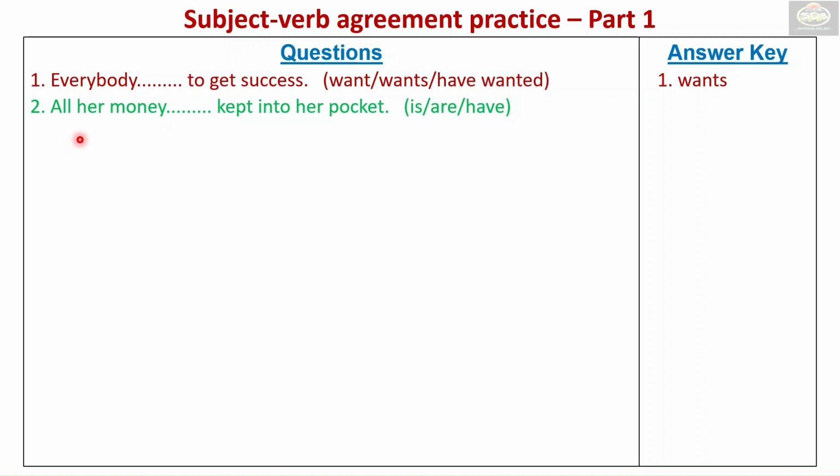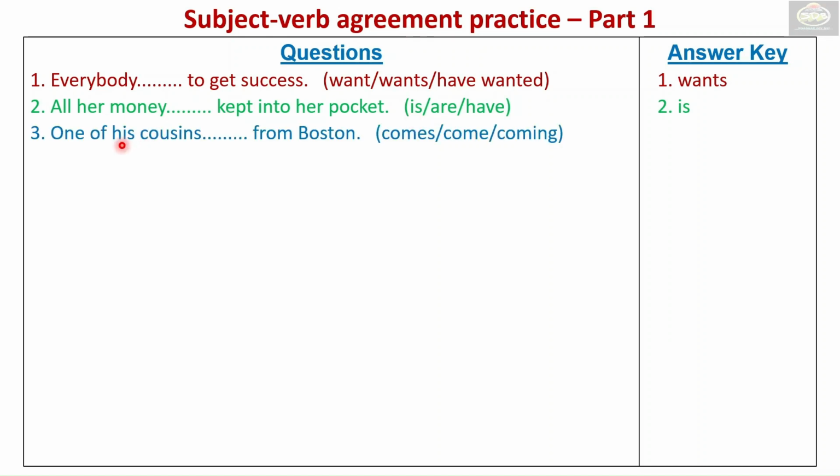All her money, this is an uncountable subject, so we have to use all her money is kept. One of his cousins. We have to look before this preposition. One of his cousins, one. It means the subject is singular, comes from Boston.